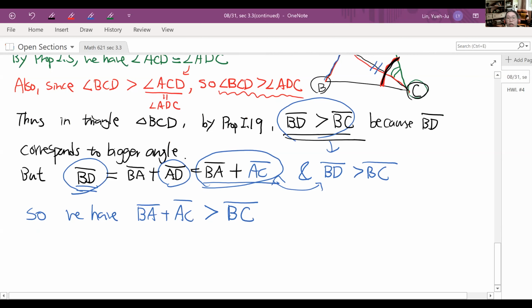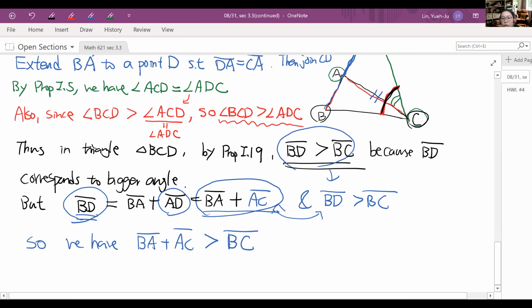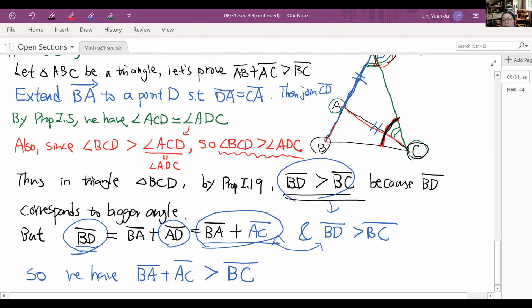This is essentially the triangle inequality theorem. Okay, I'm explaining it quite slowly because I want to provide enough detail. But as you can see, I wouldn't say it's very difficult; it's quite straightforward.